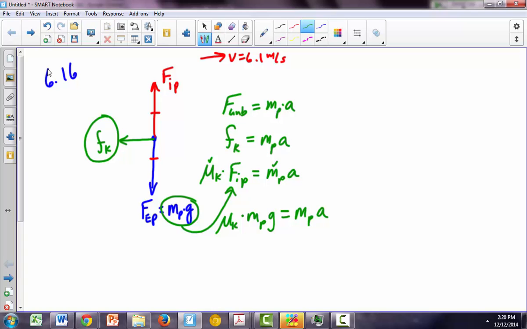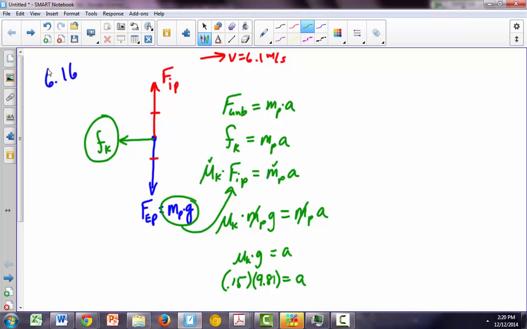Notice they were nice to you and they gave you the mass of the puck. They really didn't need to. It doesn't matter what the mass of the puck is because it cancels out, which you'll see in the coffee cup problem. Same thing is about to happen. So mu k times g equals the acceleration. They told us mu k was 0.15, pretty low because it's ice and cold rubber, times 9.81.